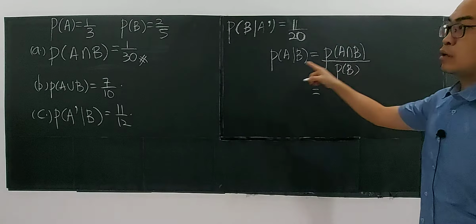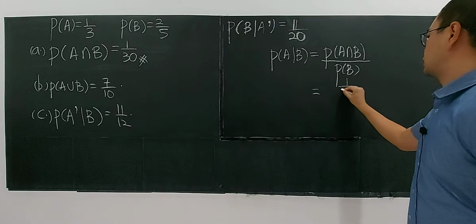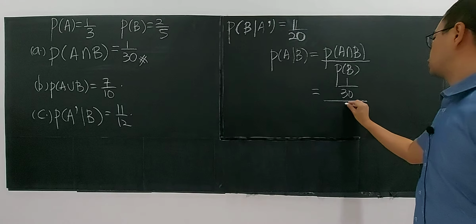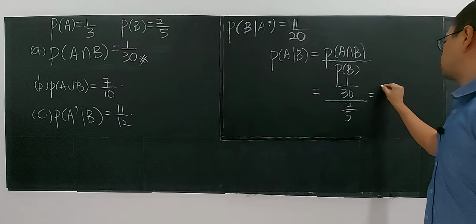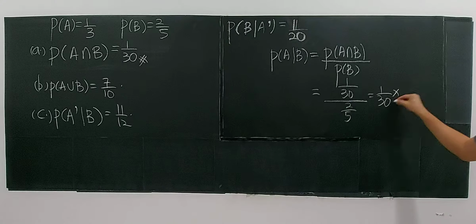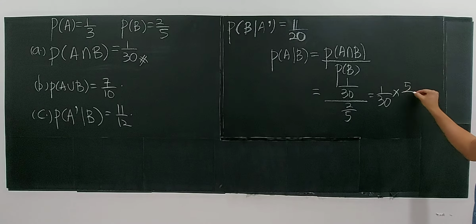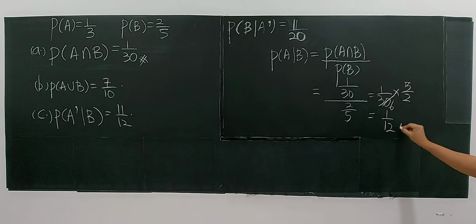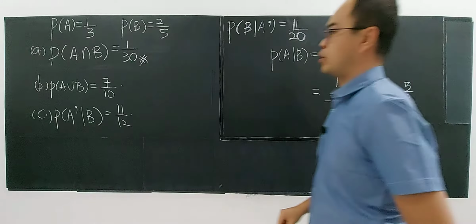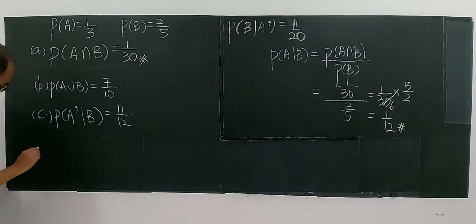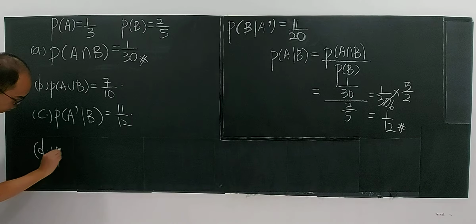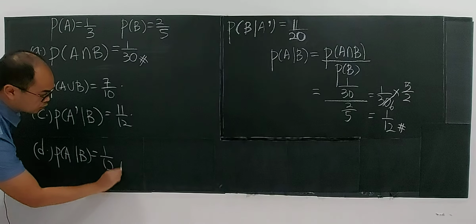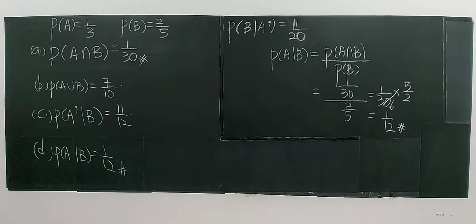Probability of A intersect B is 1 over 30 divided by probability of B, which is 2 over 5. So that gives 1 over 30 multiplied by 5 over 2, so you will get 1 over 12. This means the probability of A given B is 1 over 12. Hope you understand.